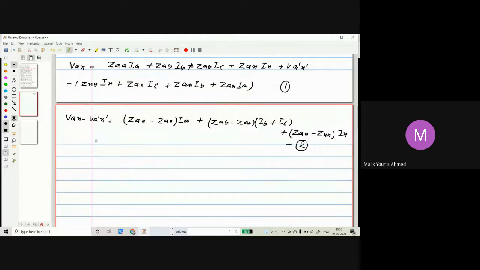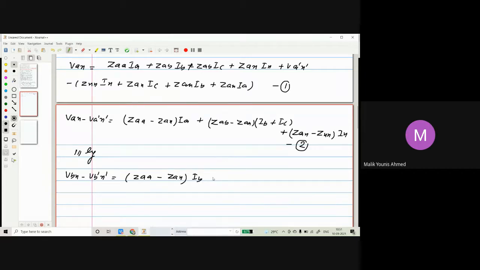So other equations, other loops, we have to write similarly. We can write similarly. So what we can write for them, looking at the above equation, we can write them VBN minus VB dash N dash. That will be equal to ZAA minus ZAN IB.